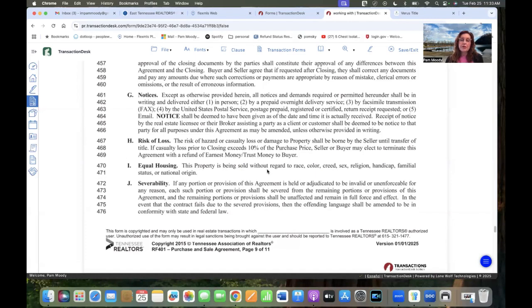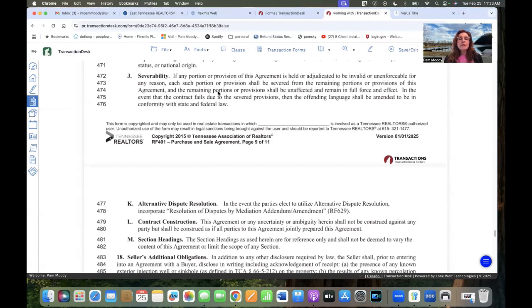Property is being sold without regard to race, color, creed, sex, religion, handicap, familial status, or national origin. If any portion of this agreement is held or adjudicated to be invalid or unenforceable for any reason, each such portion or provision shall be severed from the remaining portions or provisions in this agreement, and the remaining portions or provisions shall be unaffected and remain in full force and effect.